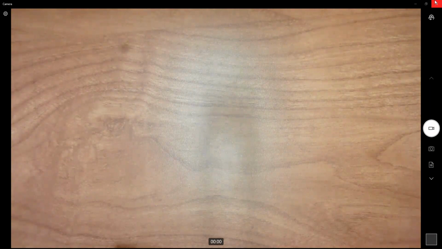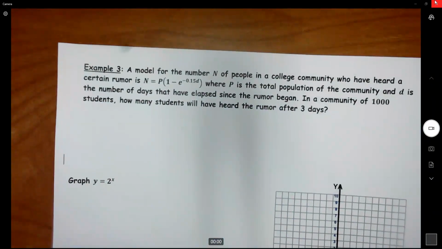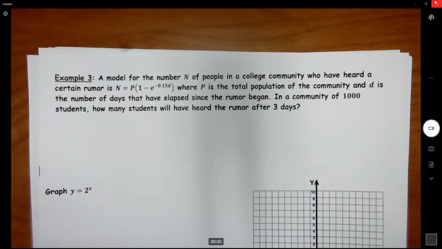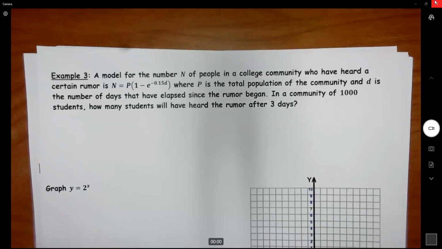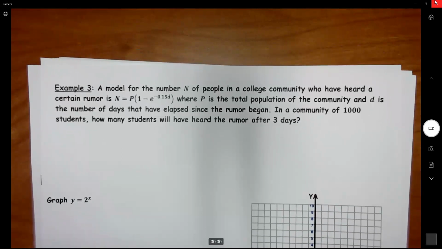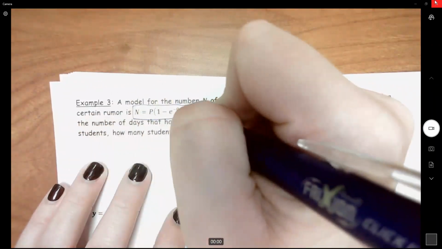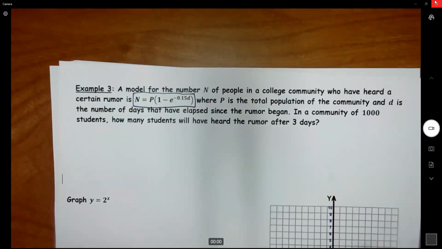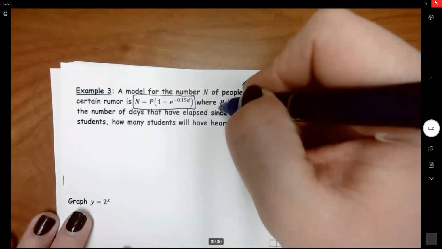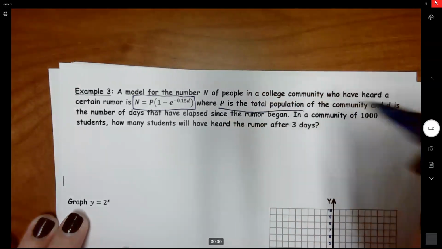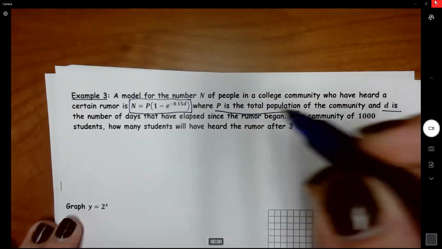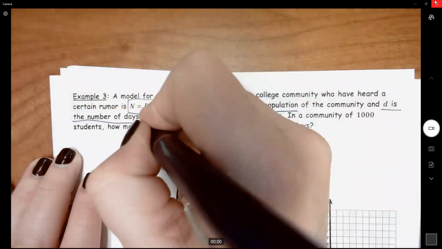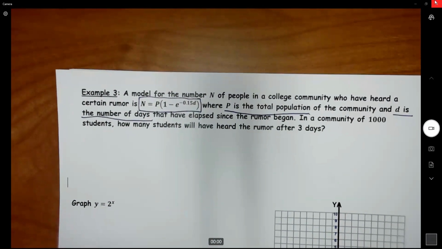And so now let's do a problem containing e. It says the model for the number n of people in a college community who have heard a certain rumor is n equals p times 1 minus e to the negative 0.15d, where p is the total population and d is the number of days that have elapsed since the rumor began.